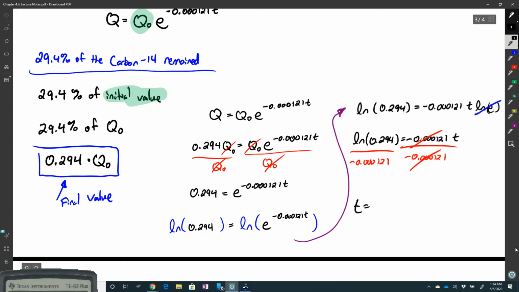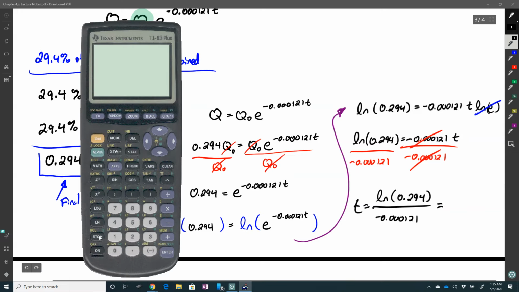Yay! So there you go. And so when you plug that into your calculator, you have ln of 0.294 divided by negative 0.000121.